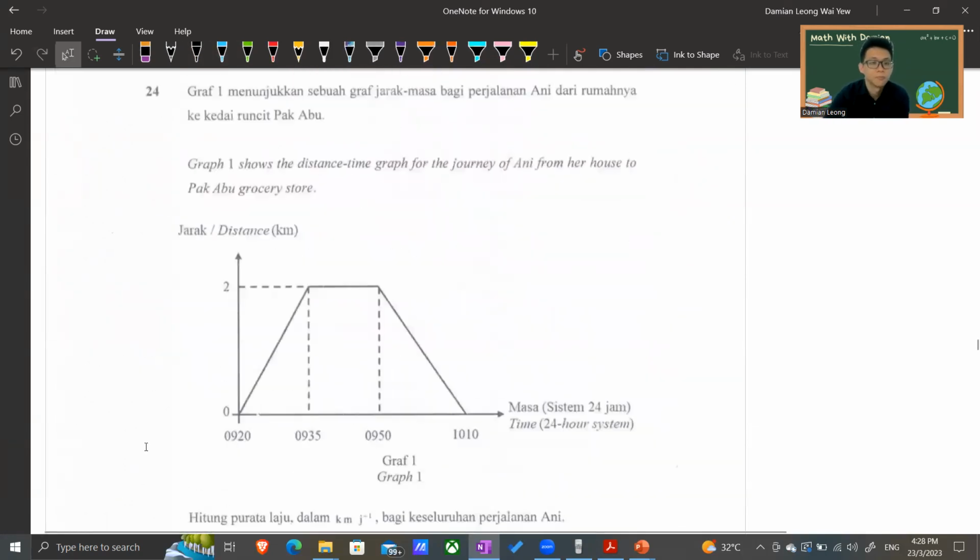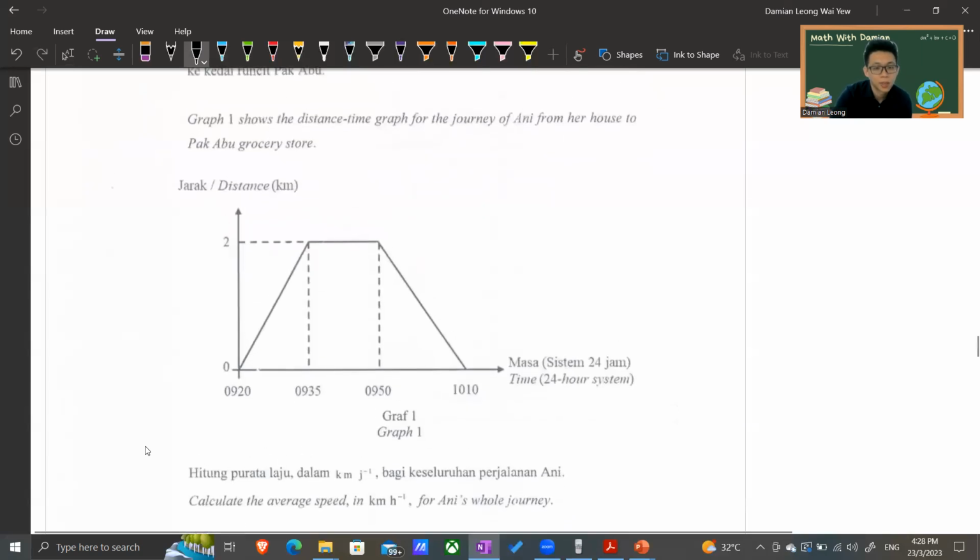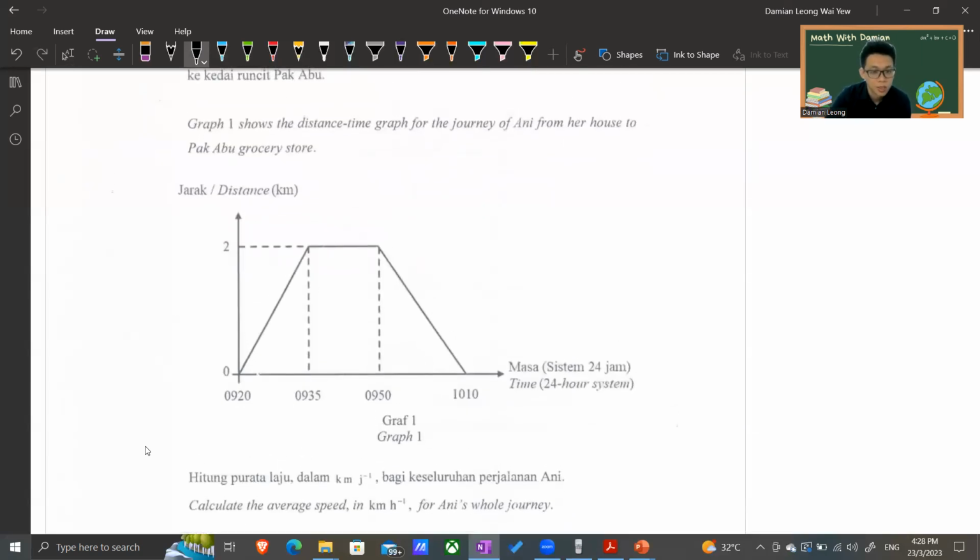Question 24. The graph shows a distance against time graph for a journey of Ani from a house to the park to a grocery store. I want to calculate the average speed in km per hour for Ani's whole journey. Average speed is total distance over total time.